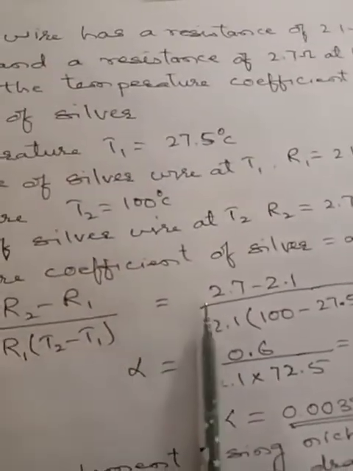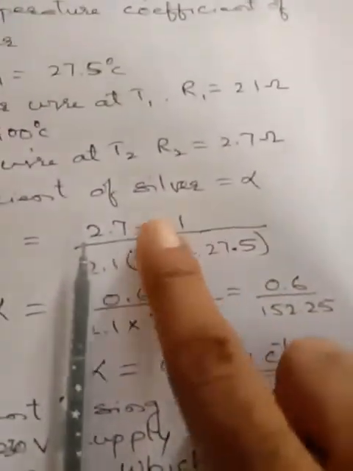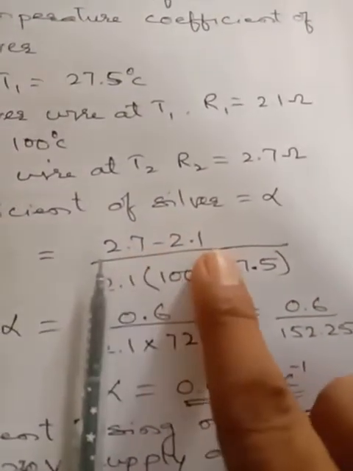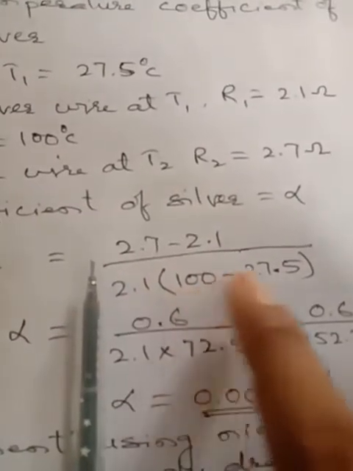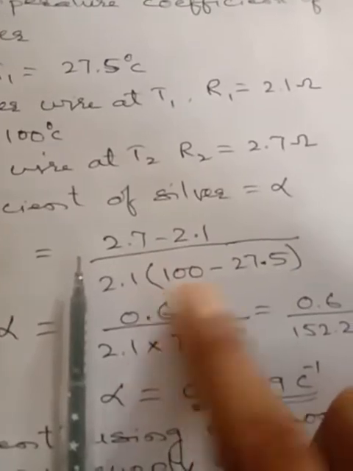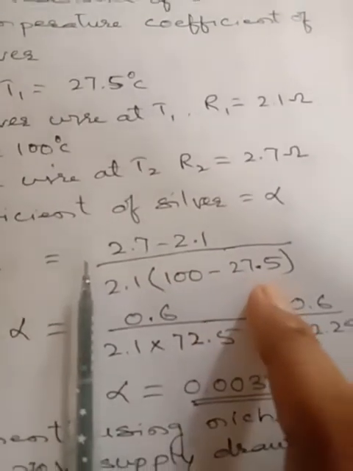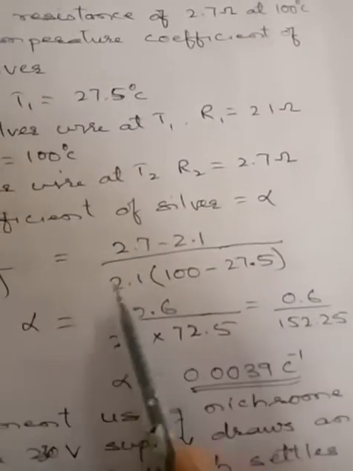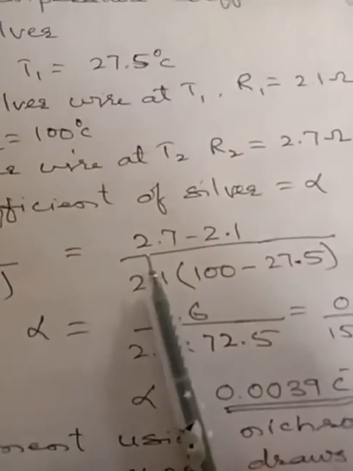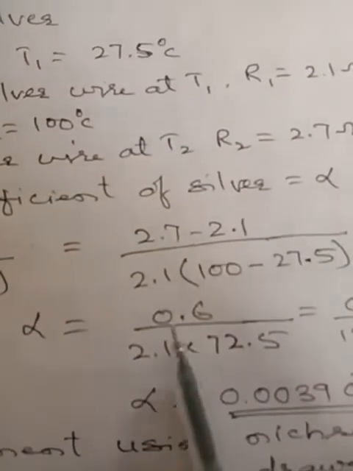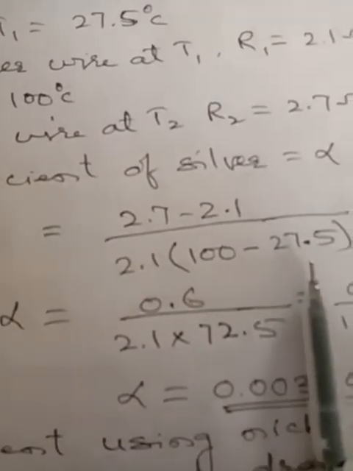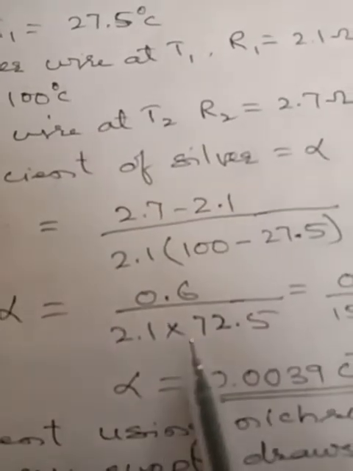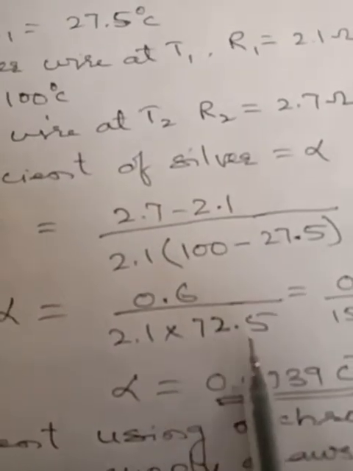Now substitute the values of all the parameters. What is R2? R2 is 2.7. What is R1? 2.1, into T2 minus T1. T2 is 100 minus 27.5. So if you simplify this, 2.7 minus 2.1 is 0.6. Again 100 minus 27.5 will become 72.5.